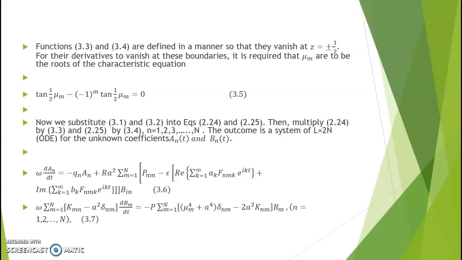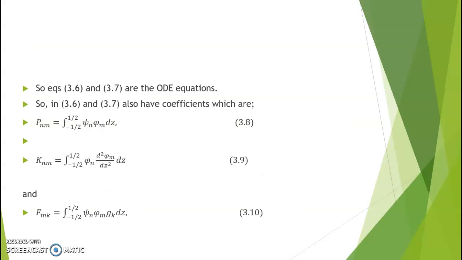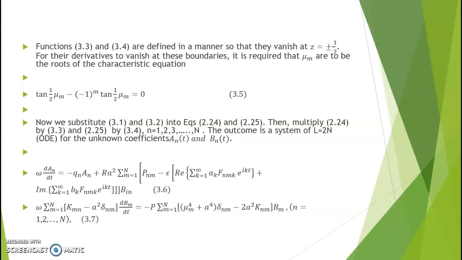Now we substitute 3.1 and 3.2 into equations 2.24 and 2.25, then multiply 2.24 by 3.3 and 2.25 by 3.4. The outcome of this system is L equals 2n ODE for the unknown coefficients A and T and B and T.